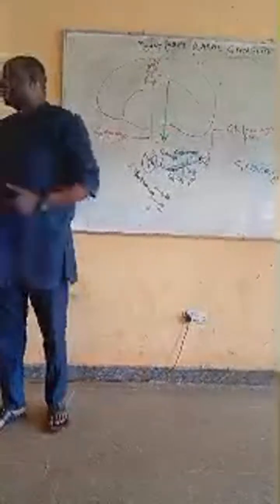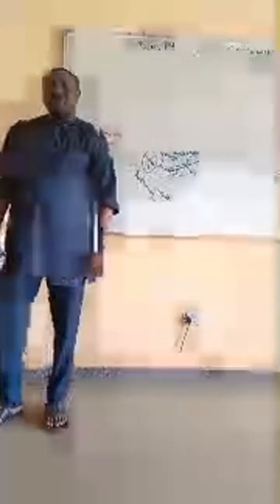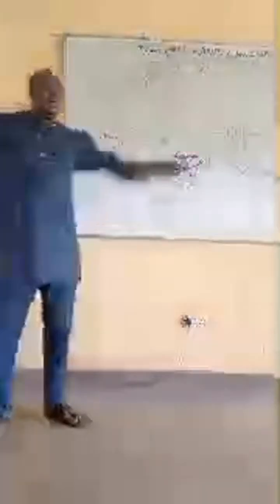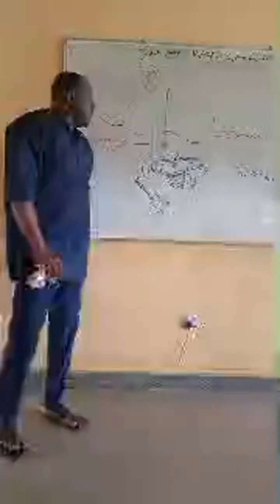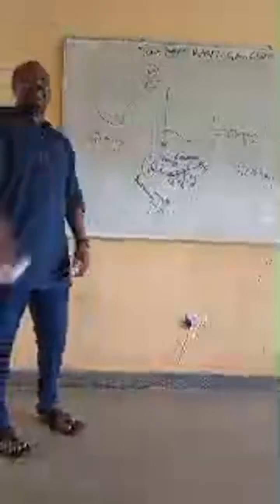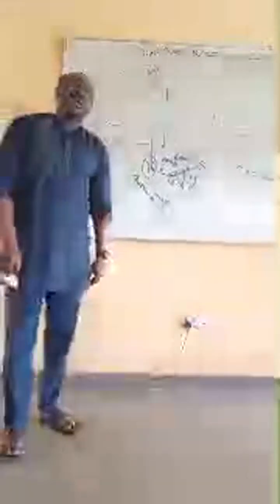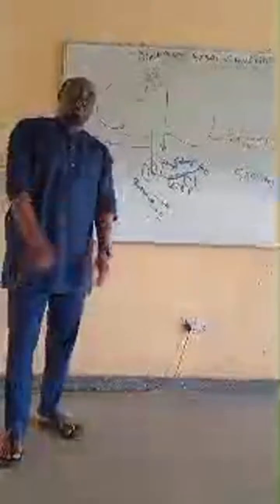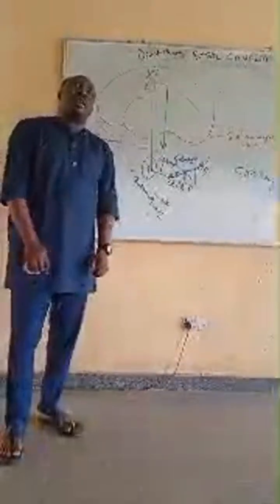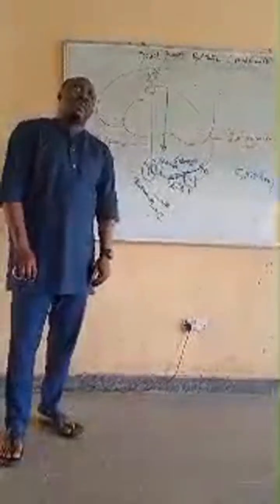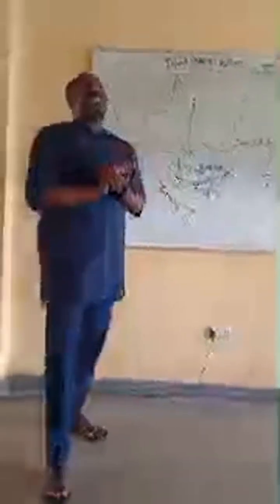That's exactly what I'm talking about. Do you get it? Alright. Globus pallidus is two. It is divided into two. One is the external part.